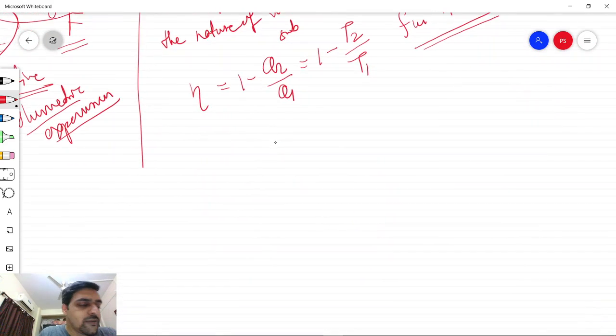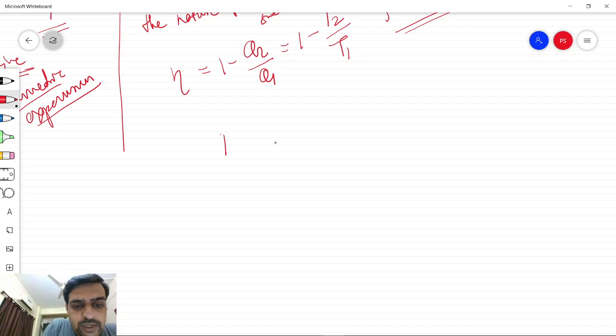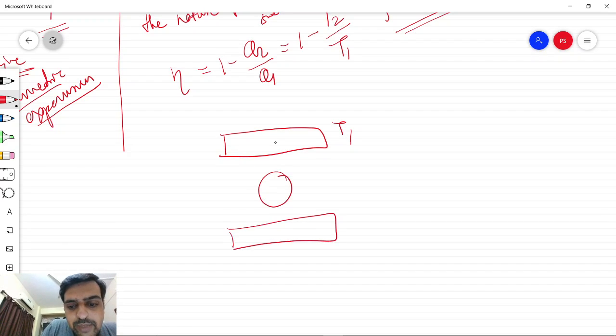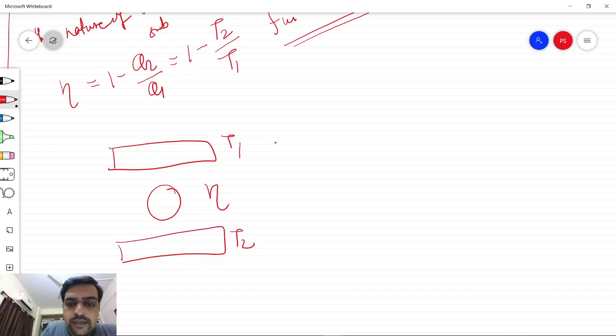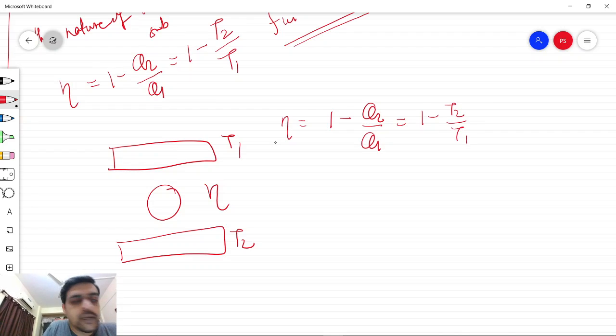So to begin with, we assume a heat engine working between the temperatures T1 and T2 having efficiency eta. So we see that eta, which is 1 minus Q2 by Q1, is equal to 1 minus T2 by T1.